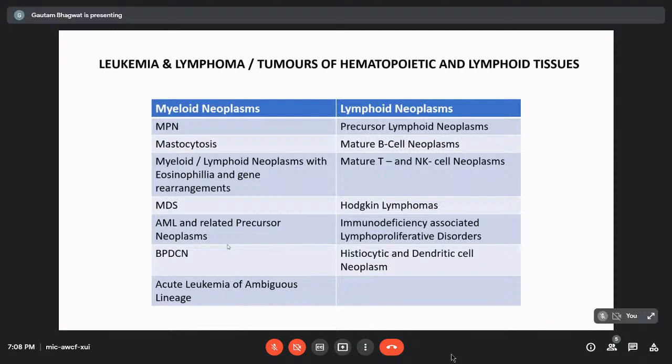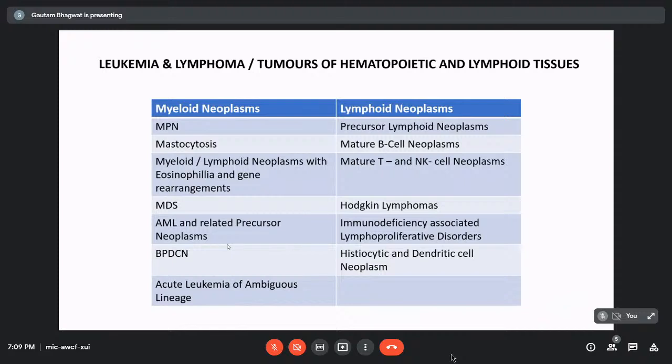Flow cytometry can have an application in almost all these entities, but any diagnosis comprises basically four things. One would be the clinical symptoms and signs. The second would be the morphology. Third would be the immunophenotyping, and the fourth would be the DNA analysis.